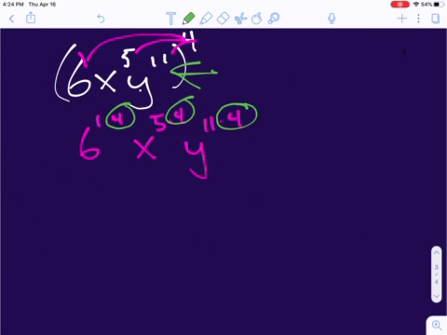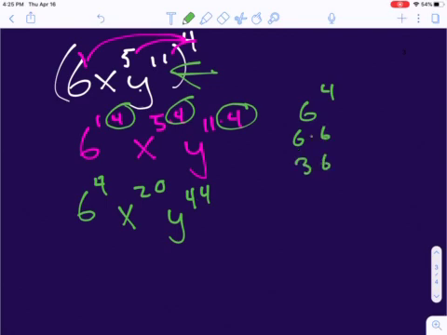So that gives you, and we'll keep it green as long as I have it pulled up, 6 to the 4th times x to the, well, 5 times 4 is 20, and then y to the 44th power. And it gets pretty huge pretty quick. And then you just got to figure out what 6 to the 4th is. So you would say, well, 6 times 6 is 36, and then times another 6 times 6, that's 4 6's.